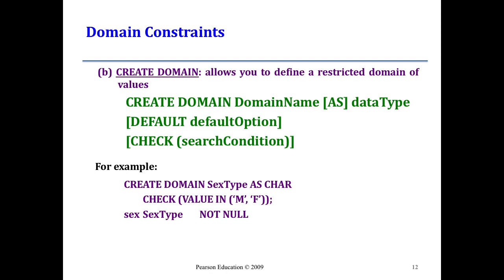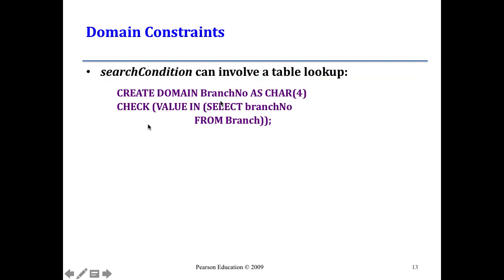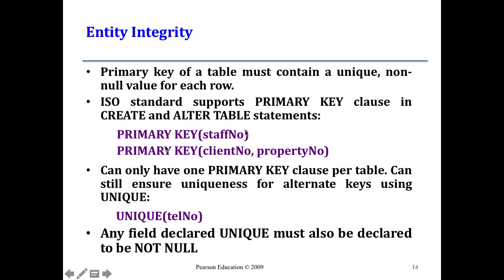So it's just reversed. And then you're allowed to give a default value for the domain. And then you can limit the values that are allowed. So here, create domain sex type as char, check value in. Here, create domain branch number, and you're allowing as char 4, but you're further limiting it to be just the branch numbers in the branch relation. Okay, so that's creating domains.